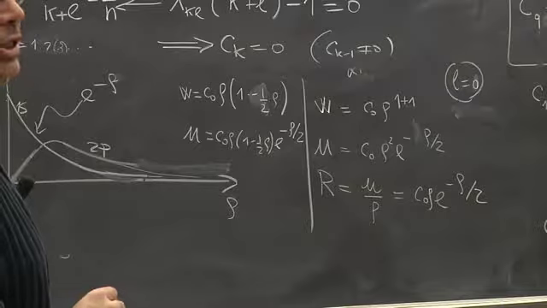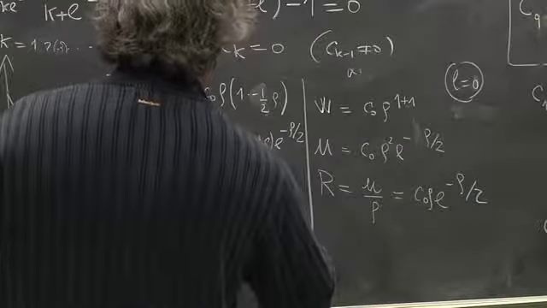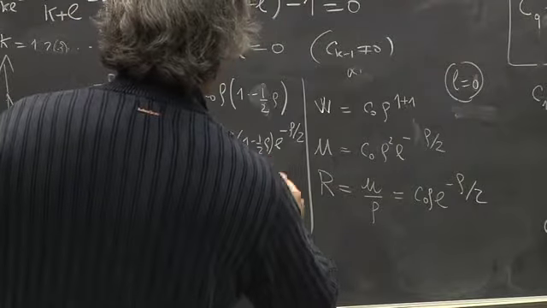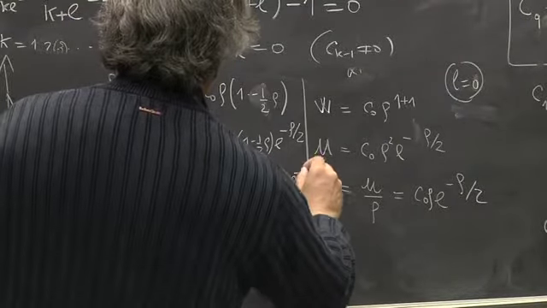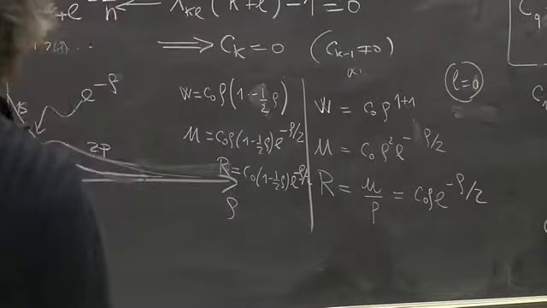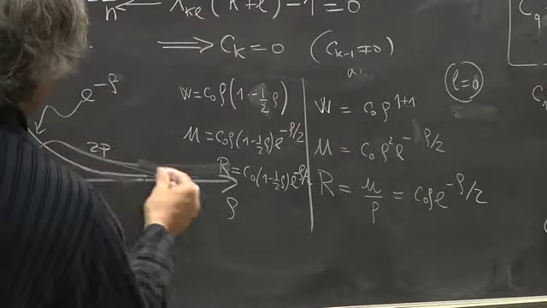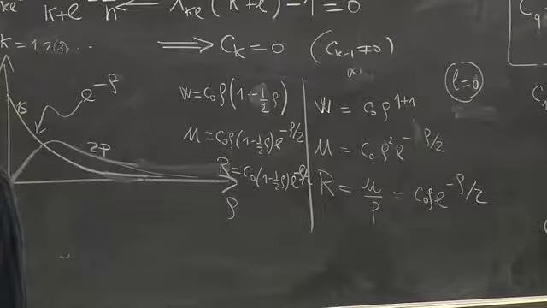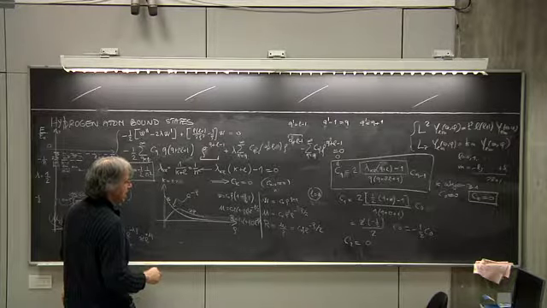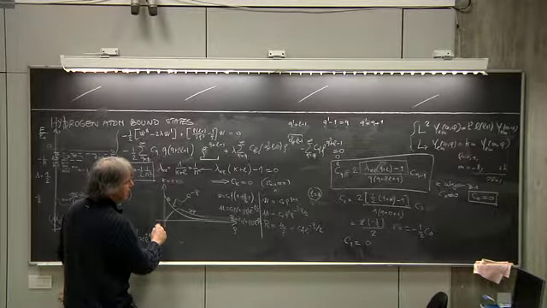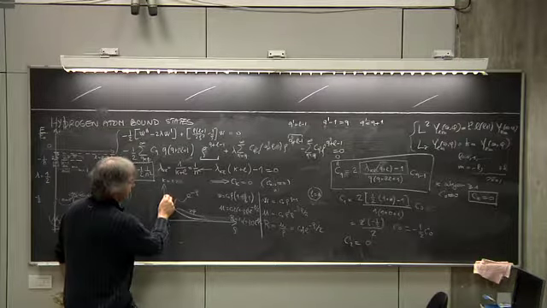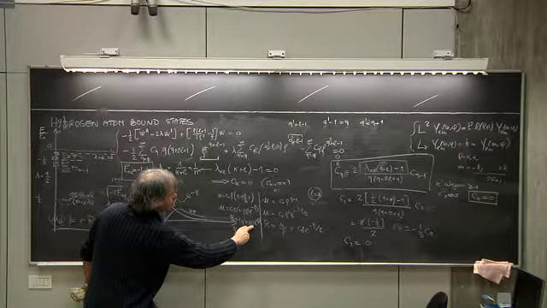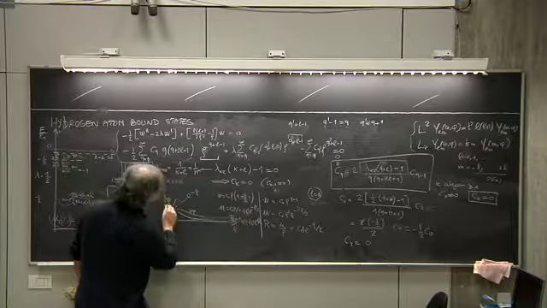Lambda is the same. The energy is the same. Okay? And r, sorry, you divide by rho, so C0 times 1 minus 1/2 rho, times e to the minus rho over 2. Okay? So I have a function that eventually has the same thing, but now you see it starts from, for instance, a certain value, and then when rho is equal to 2, it has a 0.